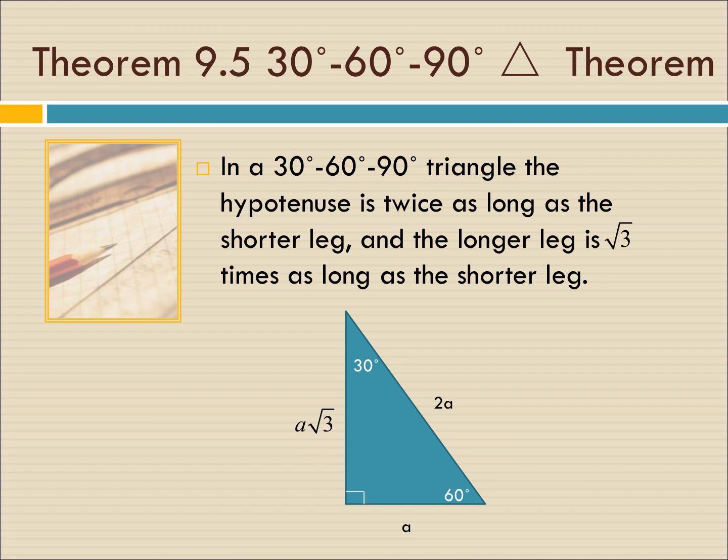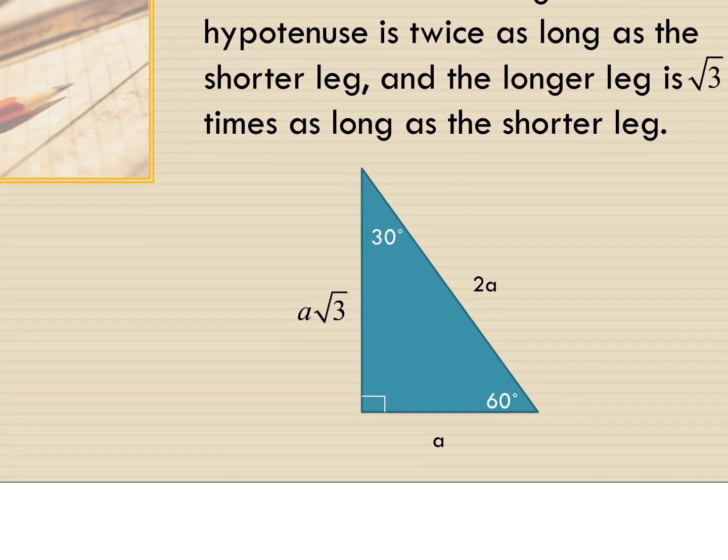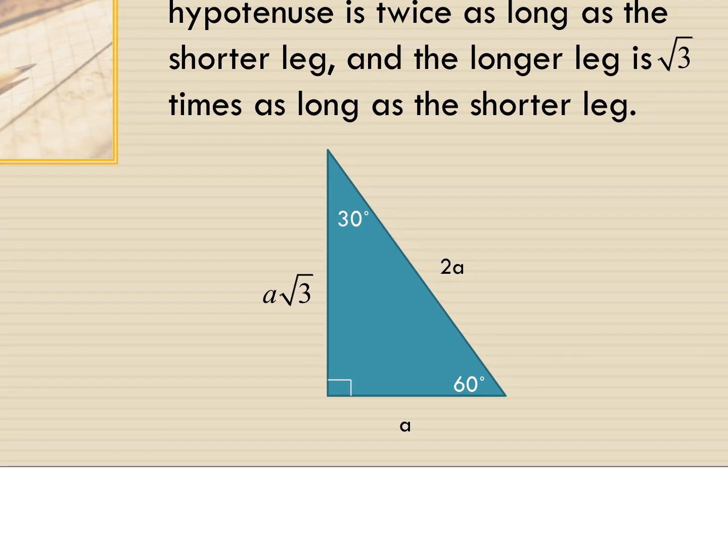Again, you can never go by what it looks like, but what we can go by is the angle measures. So remember, in a prior chapter, we learned that the longest side of a triangle is always across from the biggest angle. So my biggest angle is 90, so this is going to be my biggest side, and the biggest side of a triangle is called the hypotenuse.